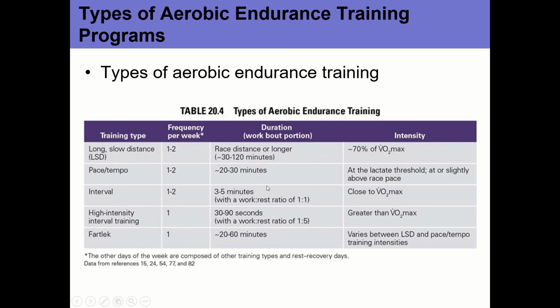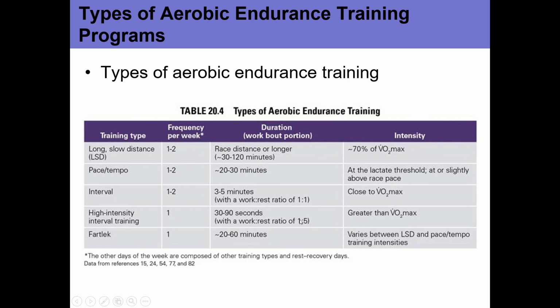So it's running fast and being slightly uncomfortable for a relatively long period of time. Interval training is pretty intense, so close to your VO2 max, so essentially right at your max heart rate for 3 to 5 minutes. High intensity interval training is close to a sprint because it's above your VO2 max, and so obviously you're going to generate pretty significant lactate there.